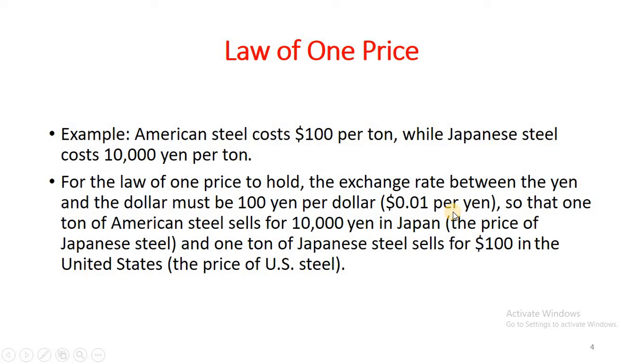That means 1 yen is equal to $0.01. In this case, 1 ton of American steel sells for 10,000 yen in Japan, and 1 ton of Japanese steel sells for $100 in the United States.